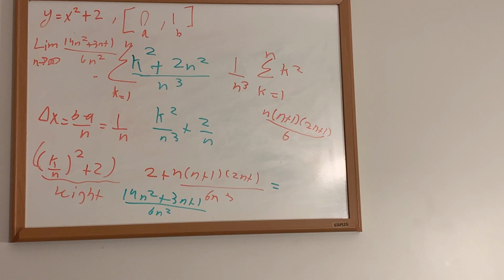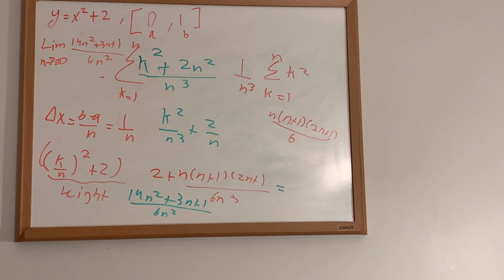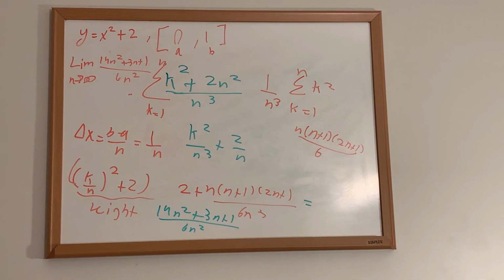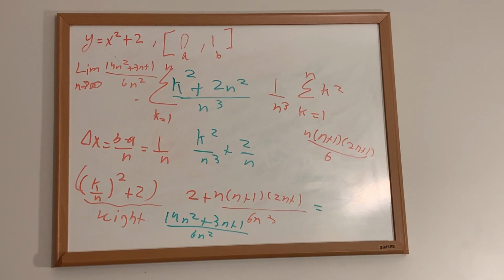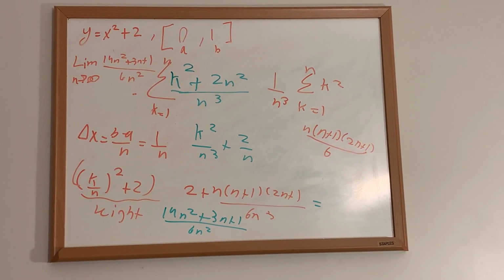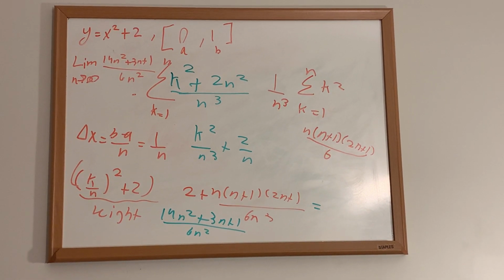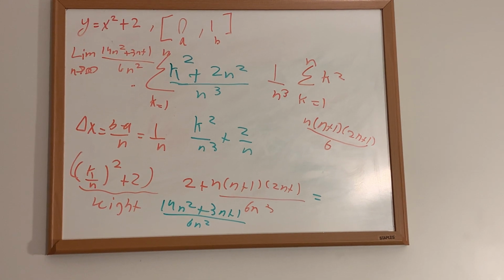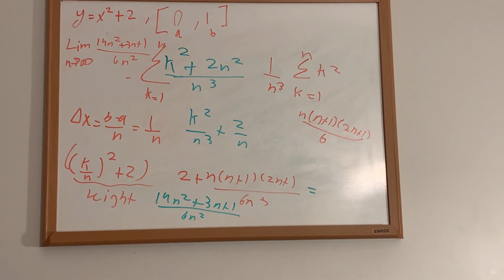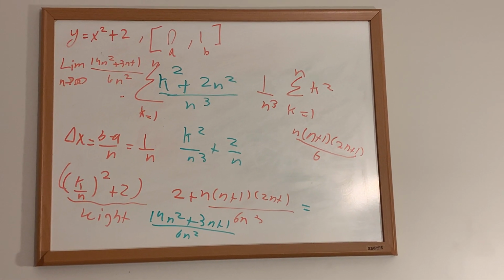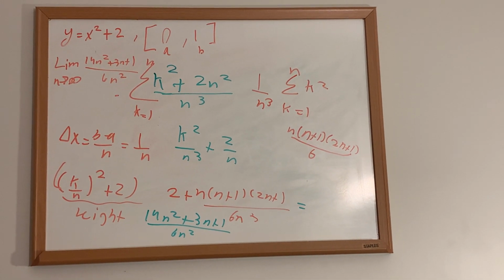As in my previous video, the first step we should do is divide the numerator and denominator by the highest degree, which is n squared. If we divide the numerator and denominator by n squared, it has no impact on the value because we're dividing by 1. So if we do that, in the numerator, we get 14 plus 3 over n.